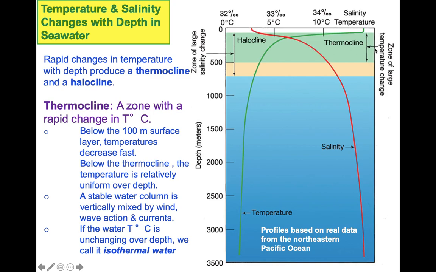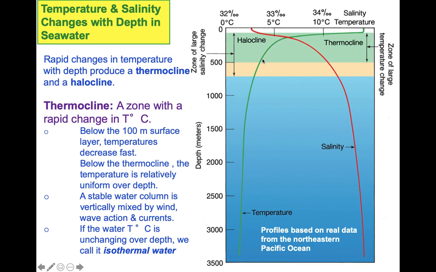And what you see here is that in the very top 100 meters or so of the ocean waters, you have a well-mixed water column, and temperature changes are not significant at all. But as you go deeper below the 100 meter zone, you will see the temperatures rapidly diminishing and seawater getting cooler and cooler.